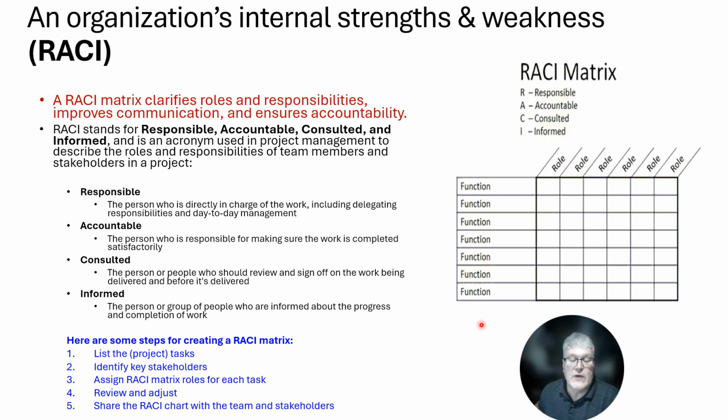Some steps for creating a RACI matrix: you list the project tasks, you identify key stakeholders, you assign a RACI matrix role for each, then you review and adjust, and then you share the chart with your team and the stakeholders. You do that so they know when they're going to be communicated with over certain things, and the level of importance regarding that information toward them.